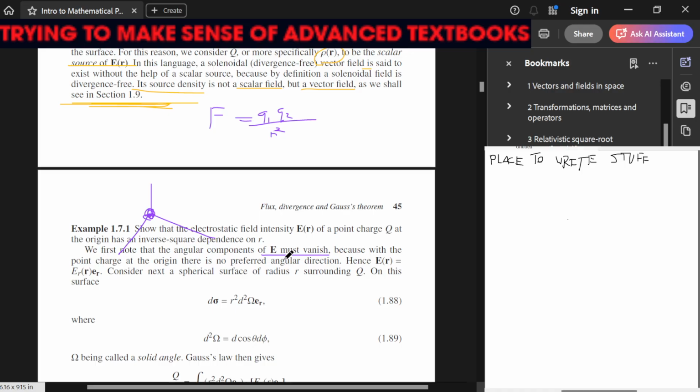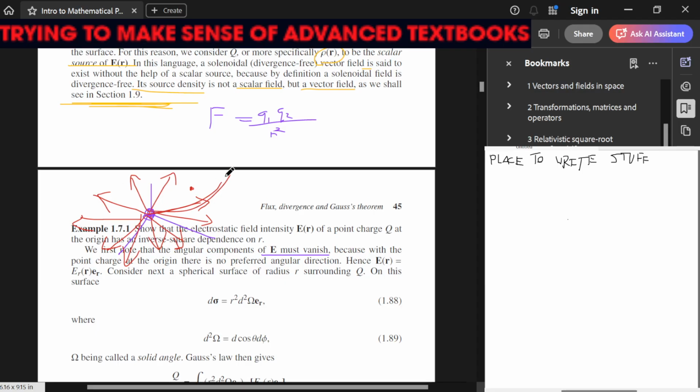Because hence ER equal. I get what they're trying to say, it just sounds a little complicated. They're just saying that the point charge shoots out all its field radially, and it has no preference. It doesn't bend, and it doesn't have more arrows on top and more arrows below.